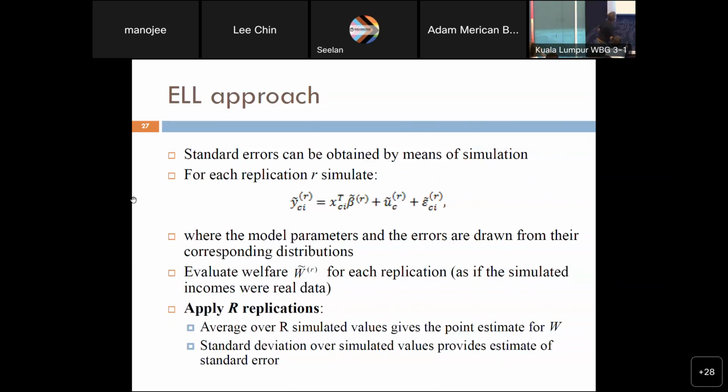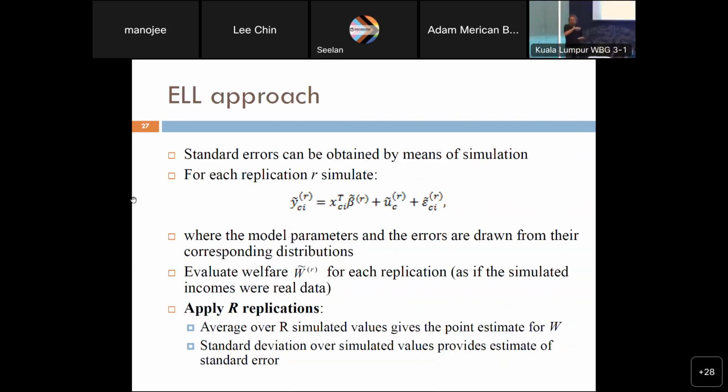So in a nutshell, what is done to compute standard errors as well is we do this exercise, say 100 or 500 or 1,000 times, depending on your computational power.